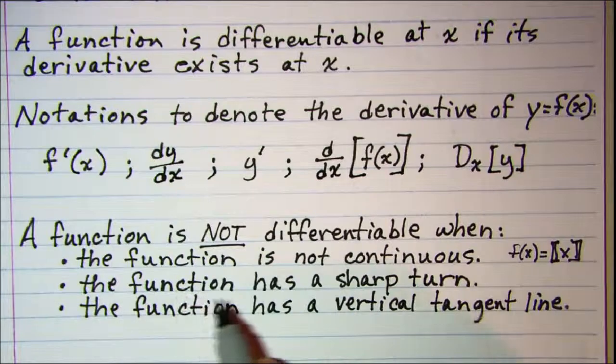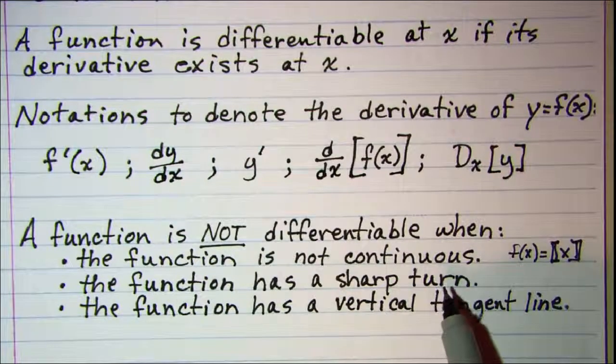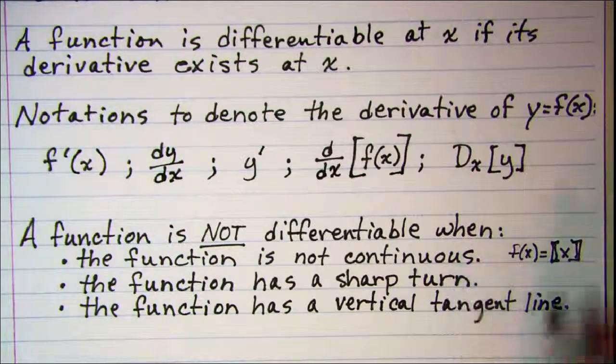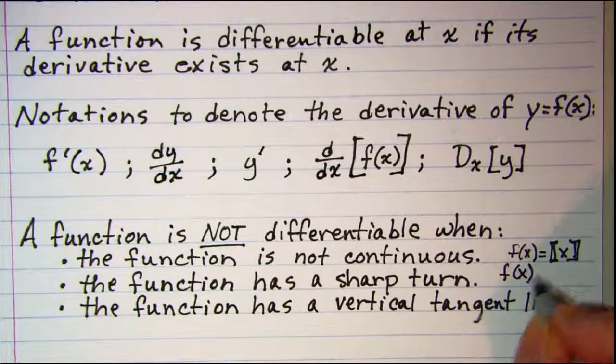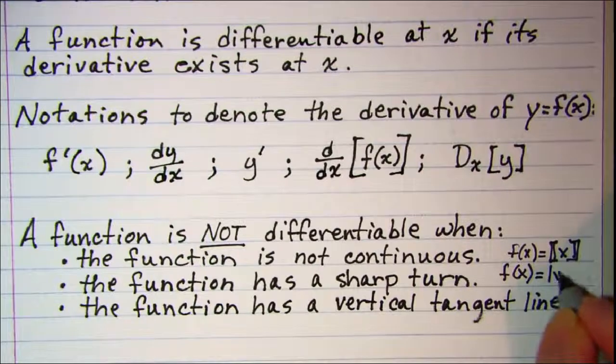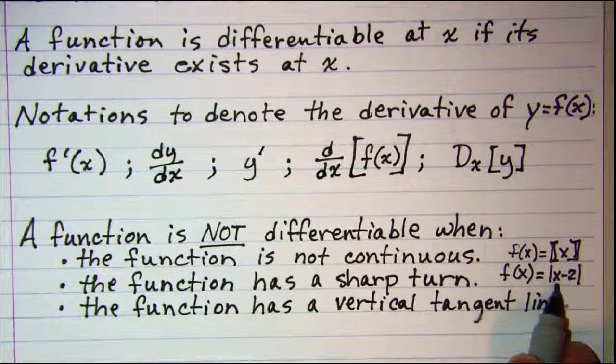If a function has a sharp turn, it's not differentiable. For example, f of x equals absolute value of x. We know that the absolute value function, the basic graph, is a V, and at that sharp turn, the function is not differentiable.